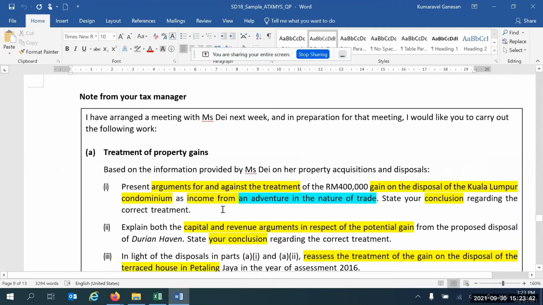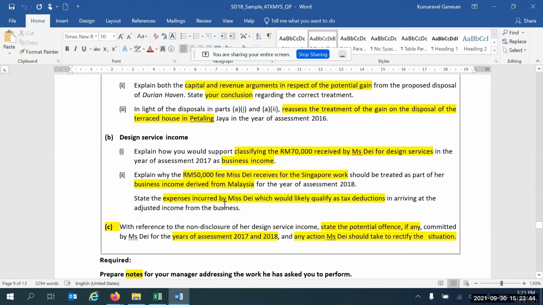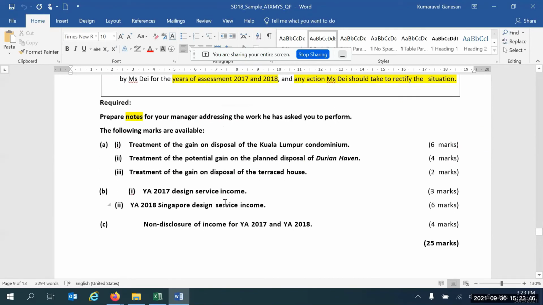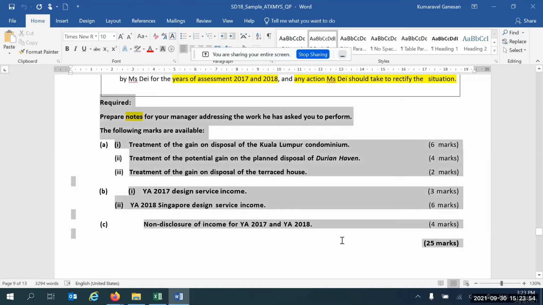Okay, same thing. Look at the requirements first, but most of the time you cannot get anything from the requirements. What you need to do, exam technique, copy. Okay, what you need to do, Control C.